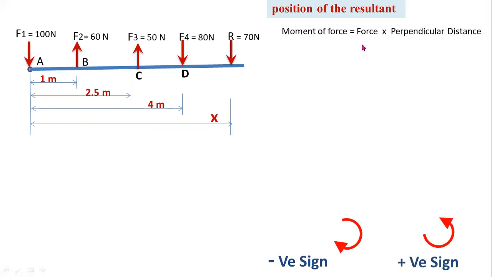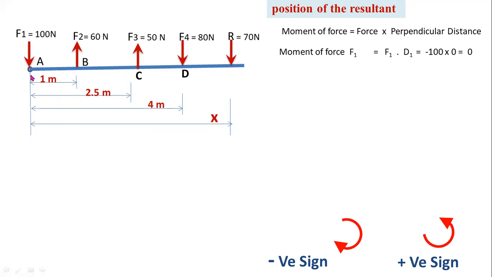So moment of force equals force into perpendicular distance about point A. Here there are 5 forces acting on the bar: 4 are the individual forces and 1 is the resultant force. So first, the moment of force F1 about point A equals force into distance.